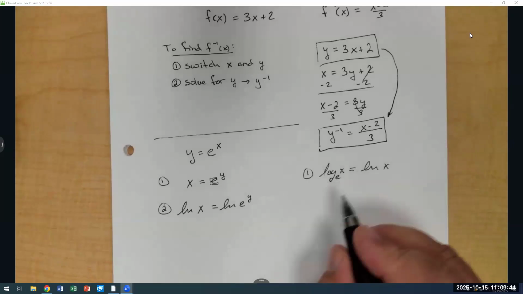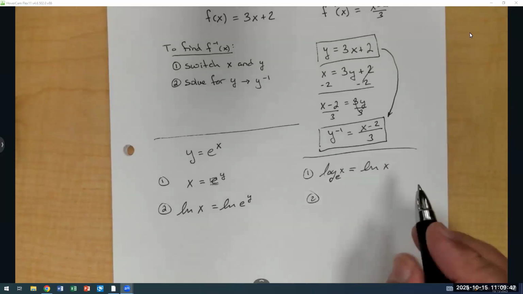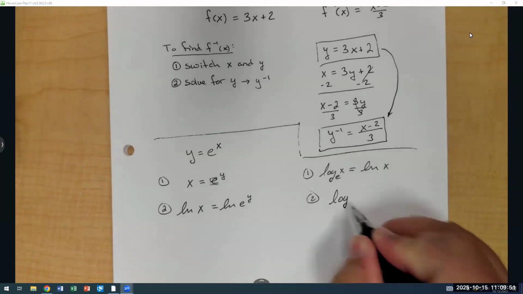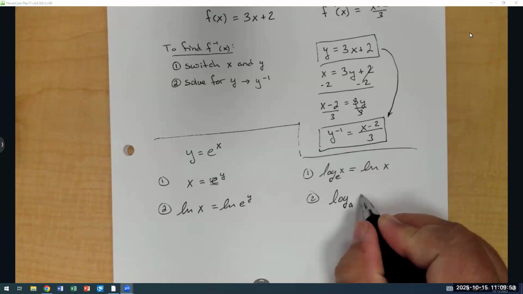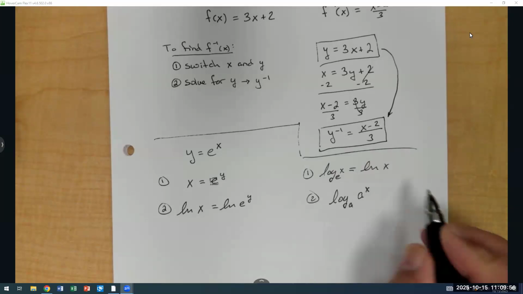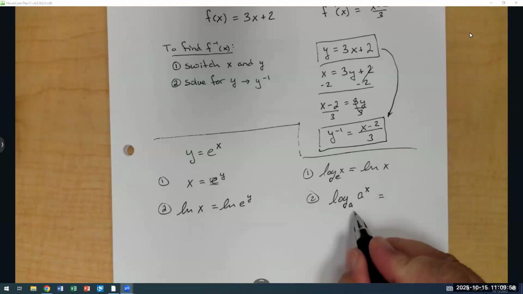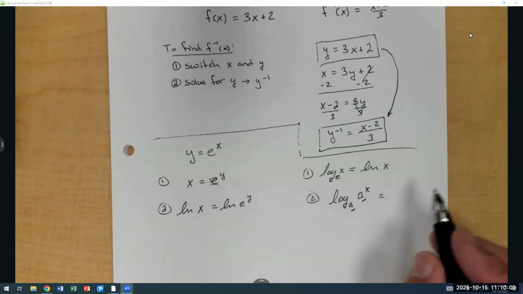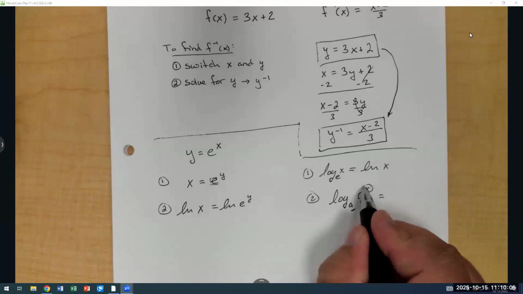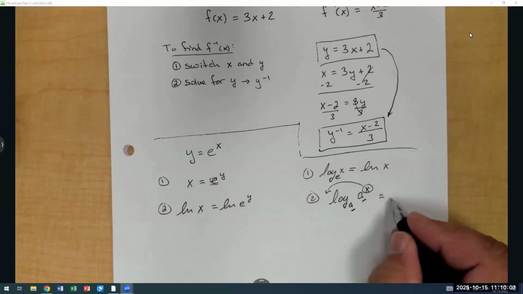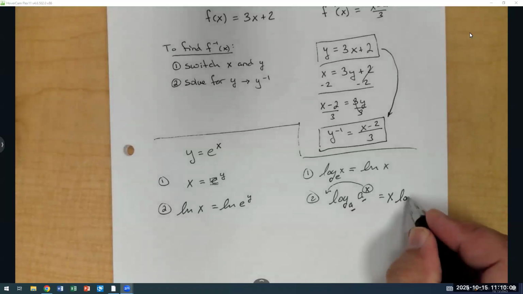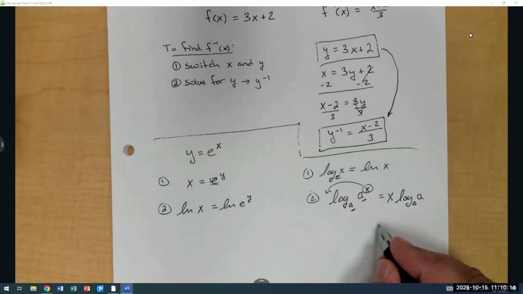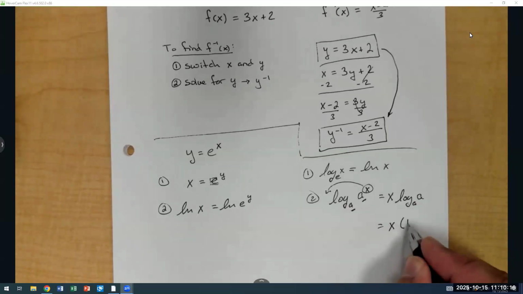That's one property. Another property that we have of logarithms or logarithmic functions: whenever the bases are the same, they cancel out. So the exponent comes out in front. Log base a of a is 1.